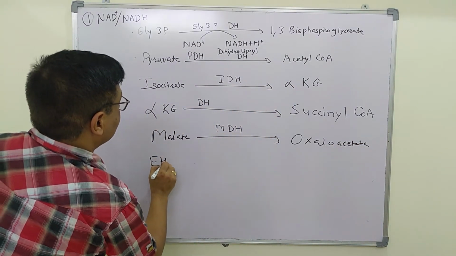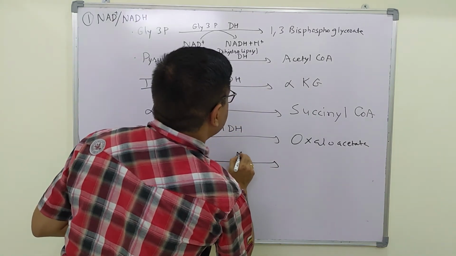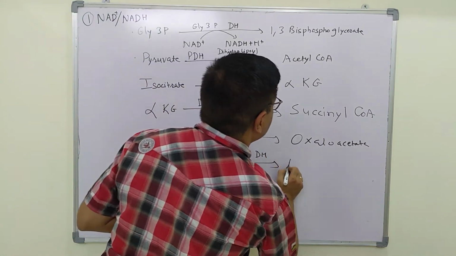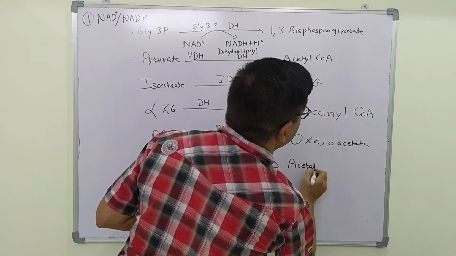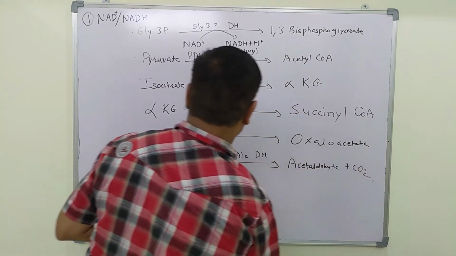Ethyl alcohol acted upon by alcohol dehydrogenase is converted into acetaldehyde and carbon dioxide.